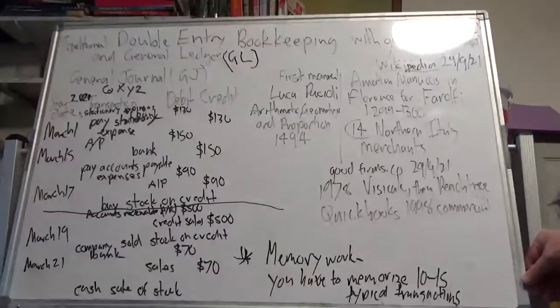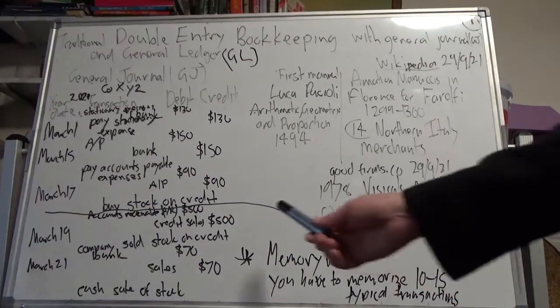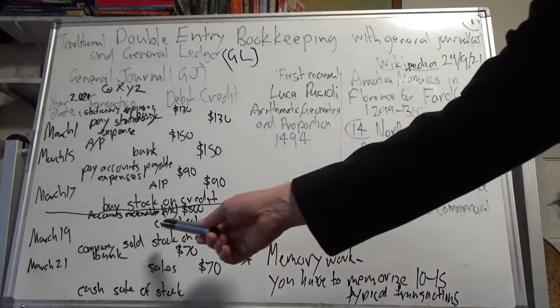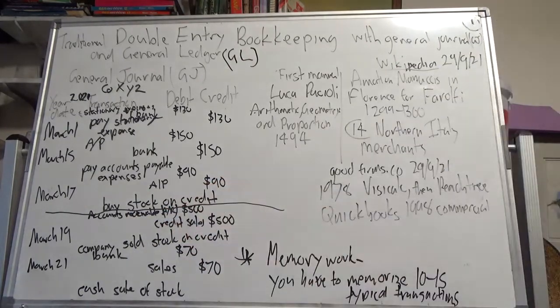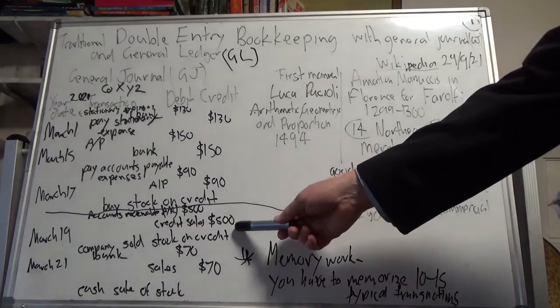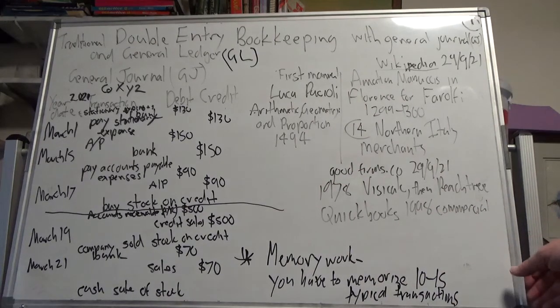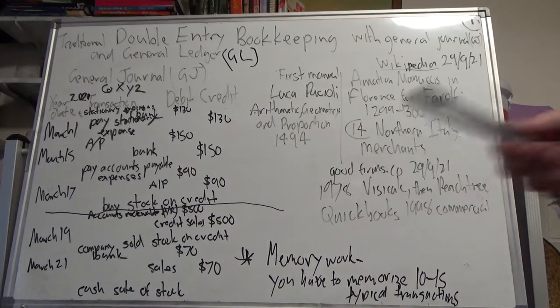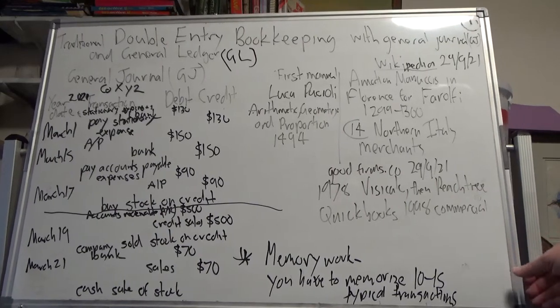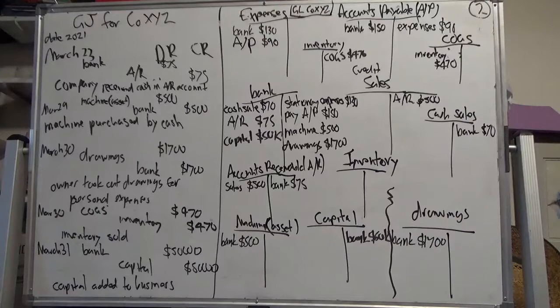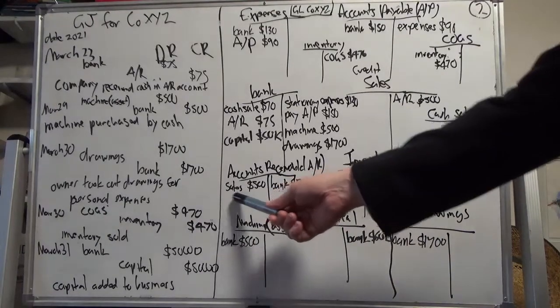So expenses $90 on that, the credit side of the accounts payable account. Next transaction, we said the company sold some stock on credit, so we increase accounts receivable by 500, and we credit sales 500. So go to accounts receivable, go to the accounts receivable ledger, $500. Accounts receivable, yep. So label it the opposite thing.